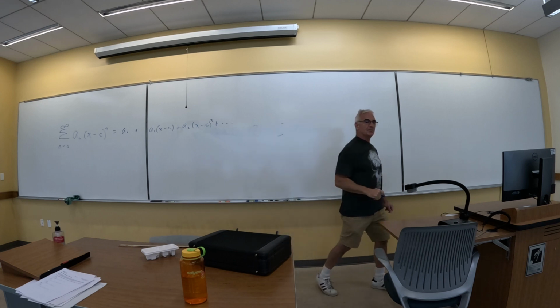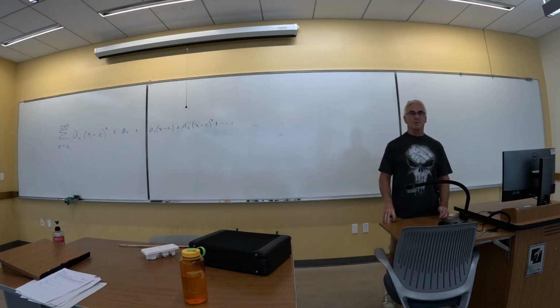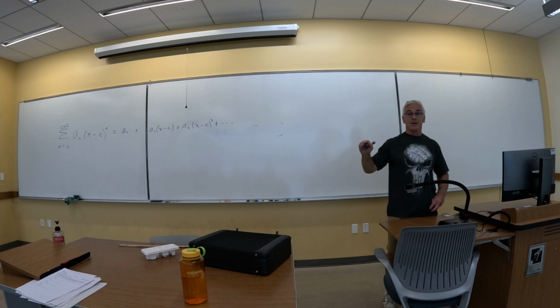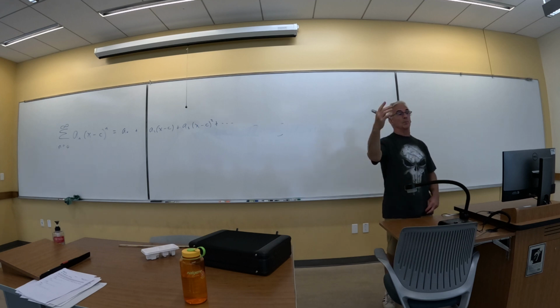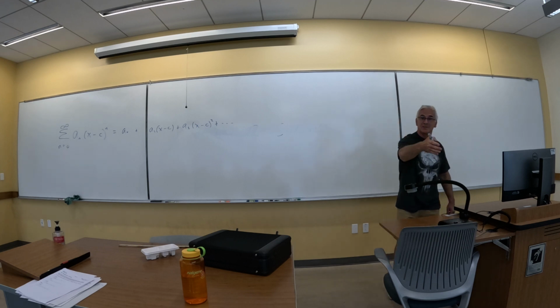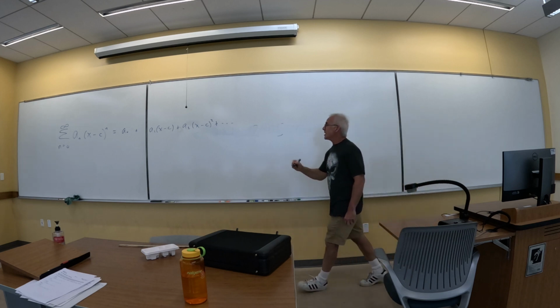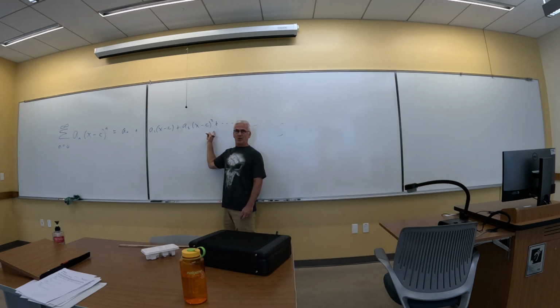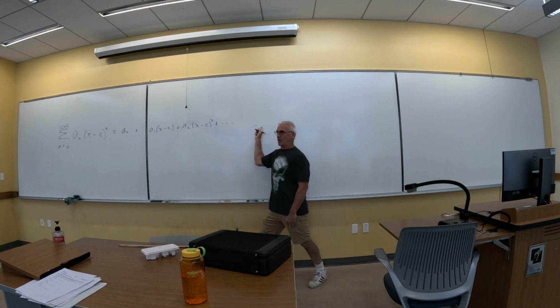So what do you notice? This is a polynomial. Because we're starting at 0, the first term is a constant, the second term is the x, the third term is the x squared, and so on. You're never going to multiply this out, because this is going to go forever.